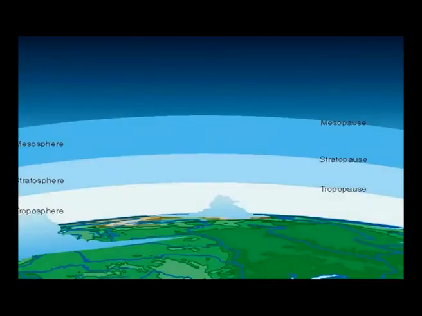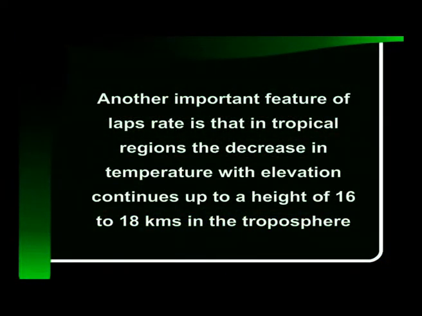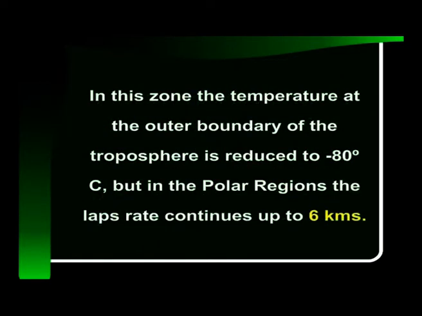Another important feature of lapse rate is that in tropical regions, the decrease in temperature with elevation continues up to a height of 16 to 18 kilometers in the troposphere. So, in this zone, the temperature at the outer boundary of the troposphere is reduced to minus 80 degrees Celsius.